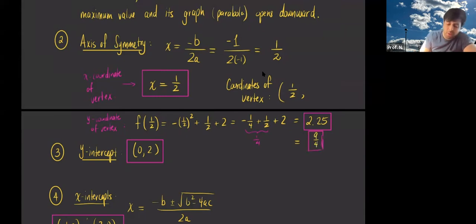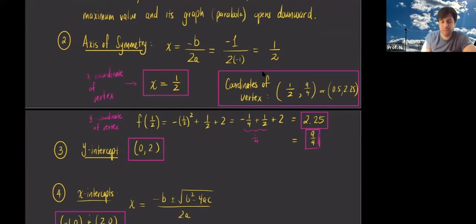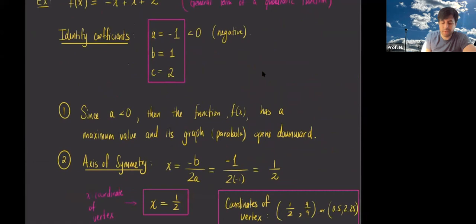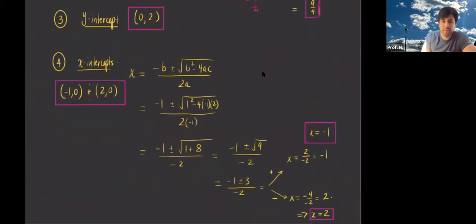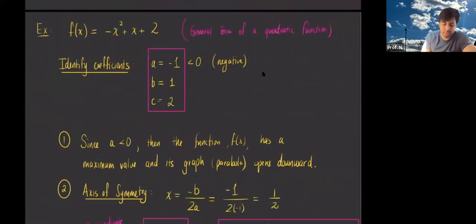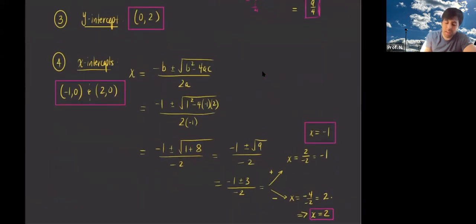So either I leave it all as fractions, so the coordinates are 1/2, comma 9/4, or you can write it as 0.5, comma 2.25. So these are the coordinates of my vertex. Okay, so these are all the pieces of information that I can figure out about this quadratic. And now that I know all these different pieces of information, I can give a pretty darn good sketch.